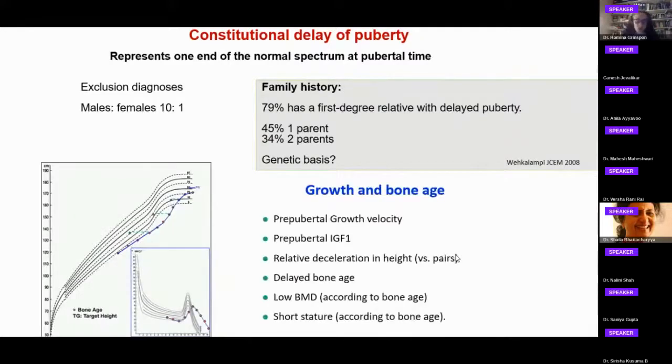It's common to observe a prepubertal growth velocity, prepubertal levels of IGF1, a relative deceleration in height versus his peers, a delayed bone age, low bone mineral density compared with chronological age but normal according to bone age, and short stature, but that is according to bone age also.